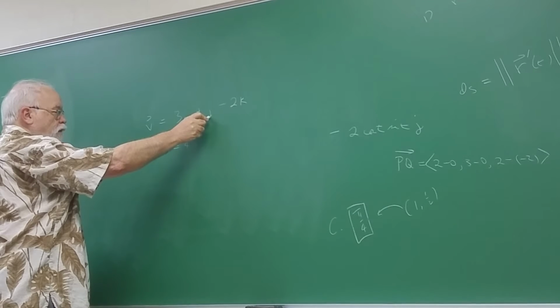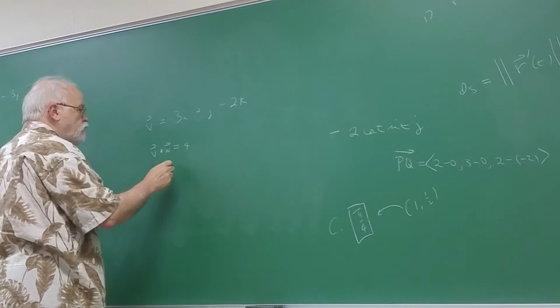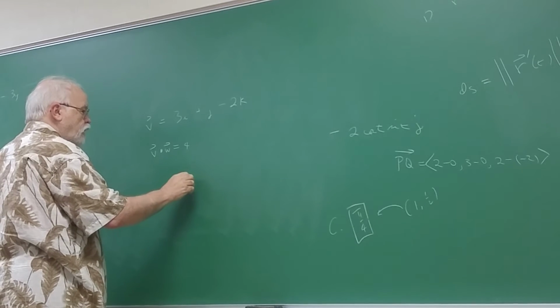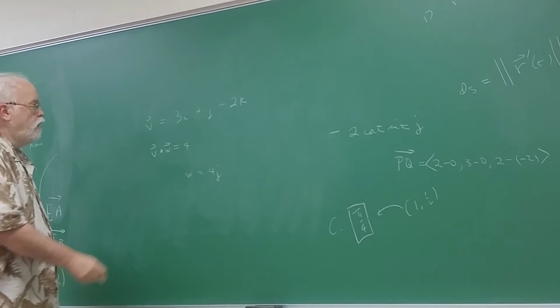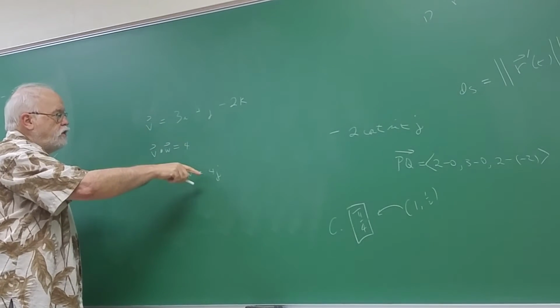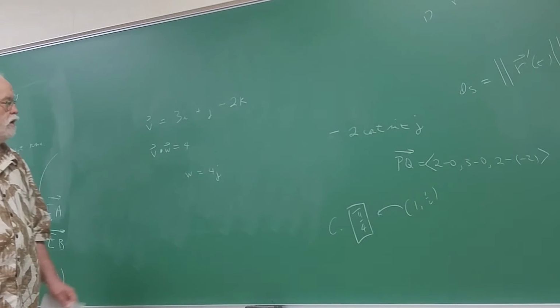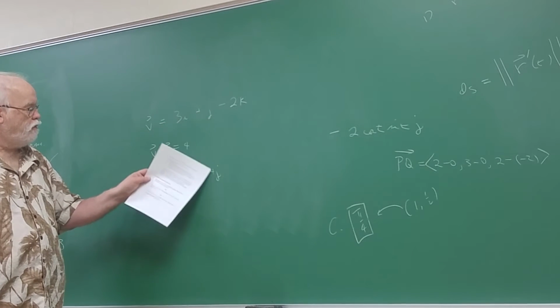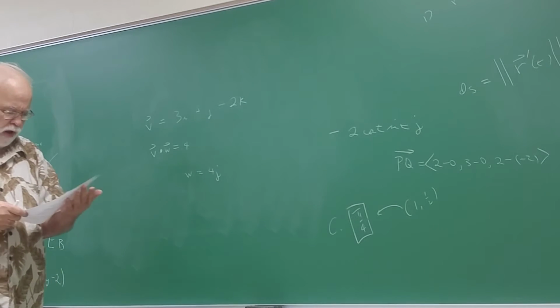If I just multiply 4 times 1, I get 4. So I could just use 4j. I dot j is 0, j dot j is 1, k dot j is 0. So if I do j dot 4j, I get 4. But there are lots of right answers.